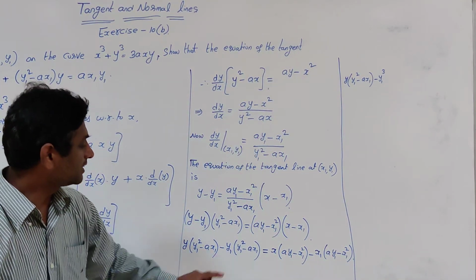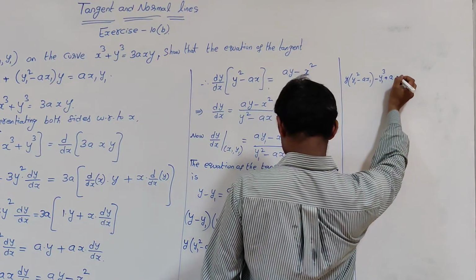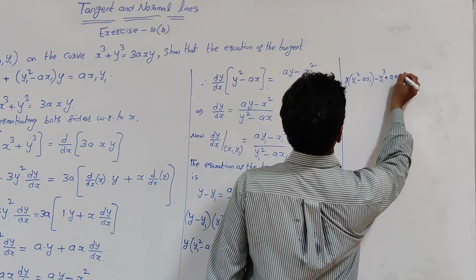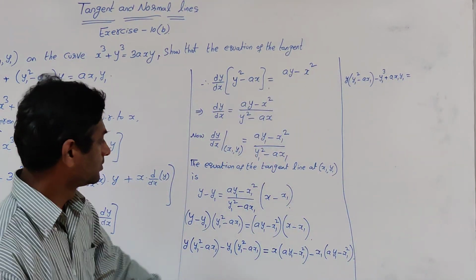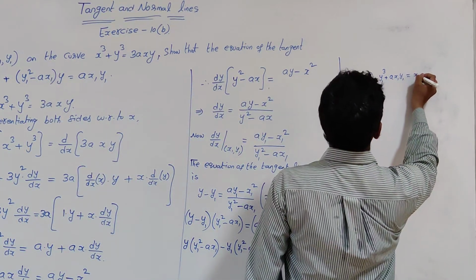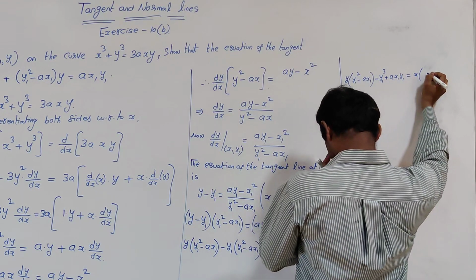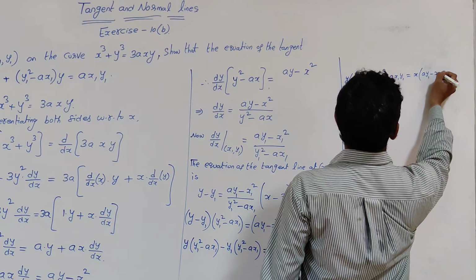Minus into minus becomes plus a x1 y1, is equal to, and this term will be as it is, x into a y1 minus x1 square.